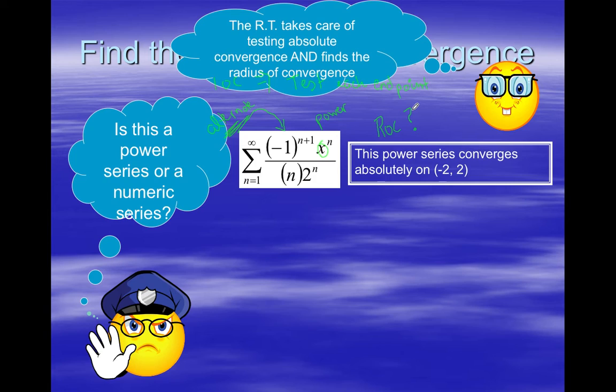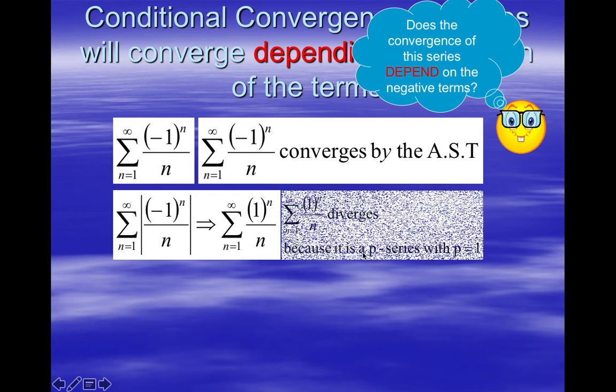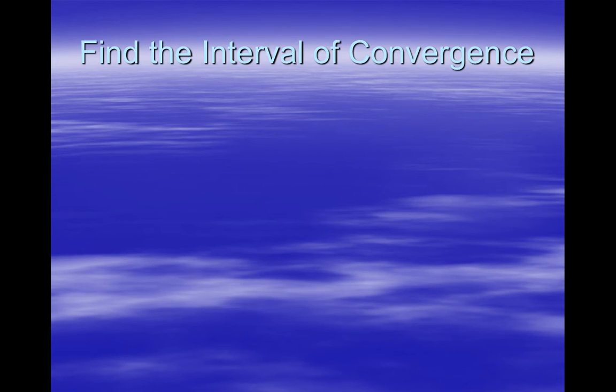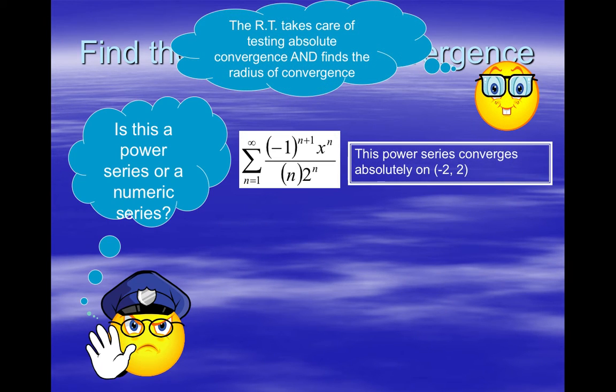We've already practiced that. But the radius of convergence from the ratio test was 2.